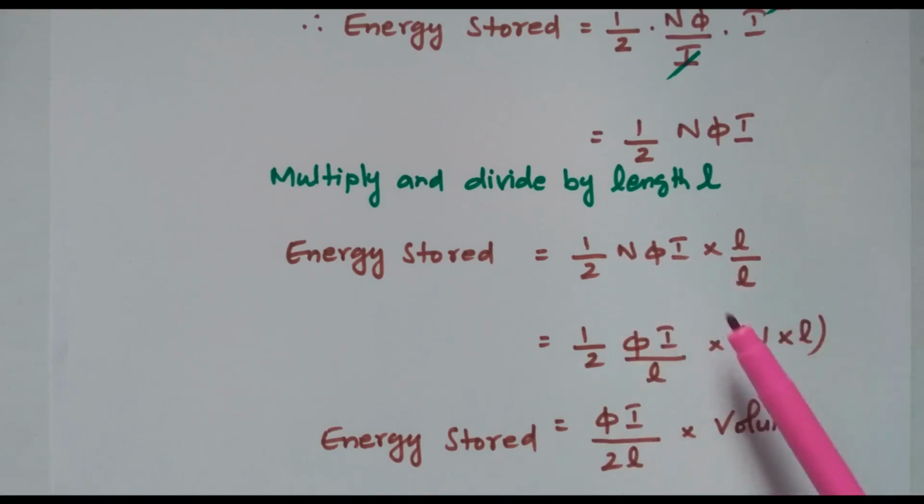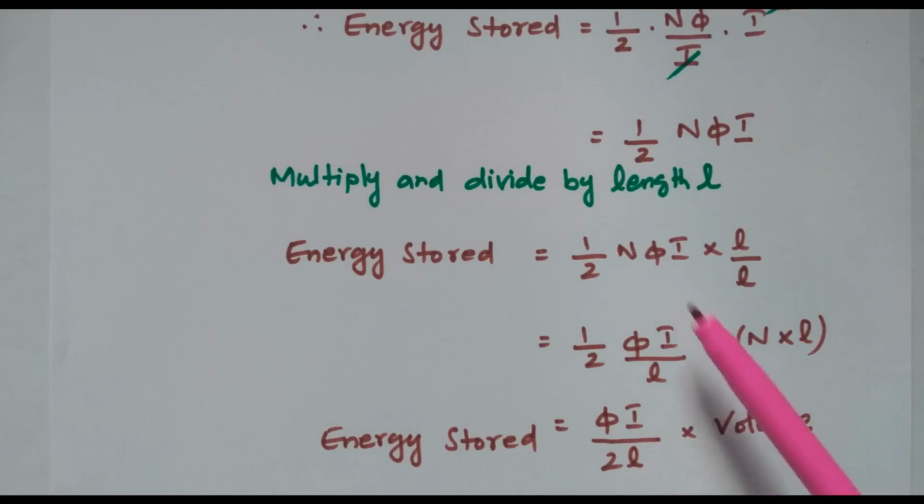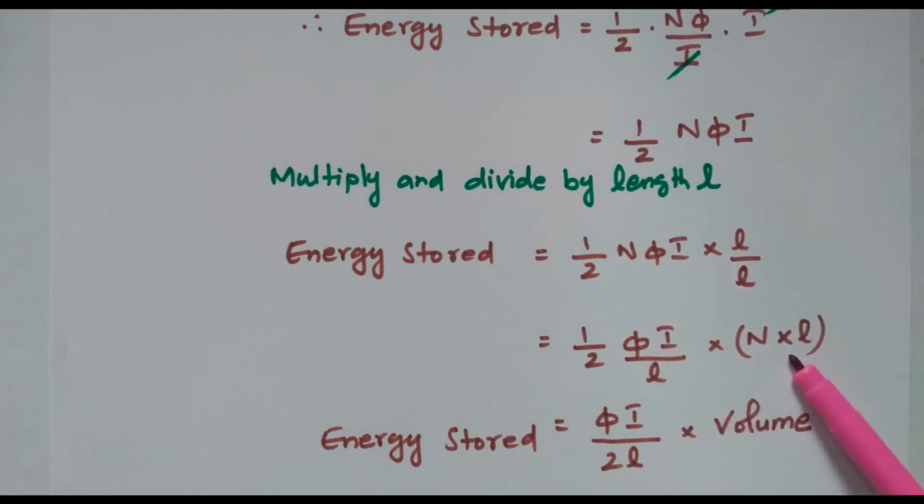The remaining mu N i square divided by l is rearranged, right? So A into l is nothing but area into length, which is a volume, right? So that is written as mu N i square divided by 2l into volume.